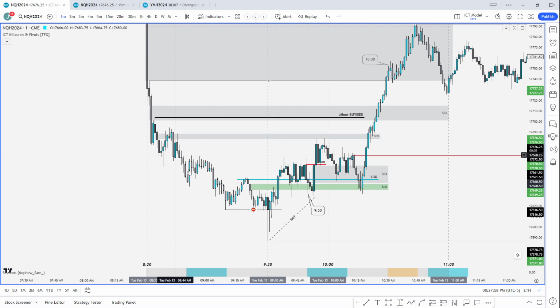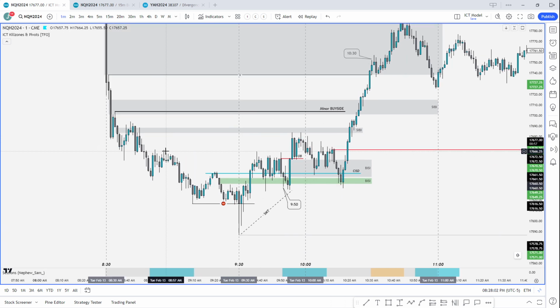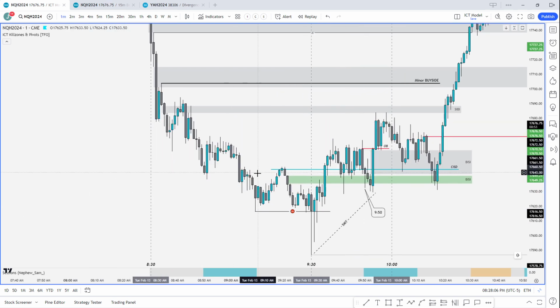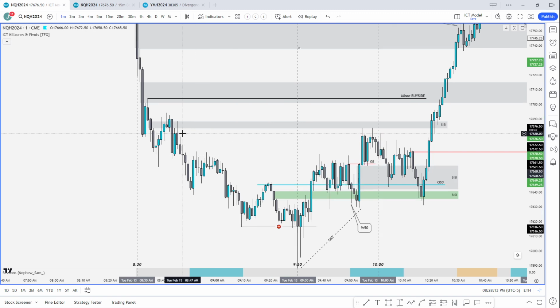Also using the market maker models, you can use the old selling, old buying, advanced order block kind of theory, where we drag out the previous order blocks from the left side of the chart and use it as support. In this case, as we trade above the old buying here, you don't want to see a candle body placed below.